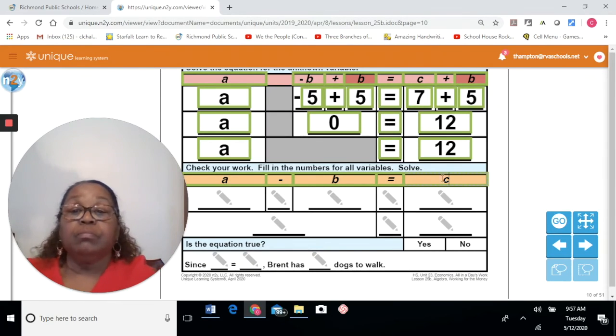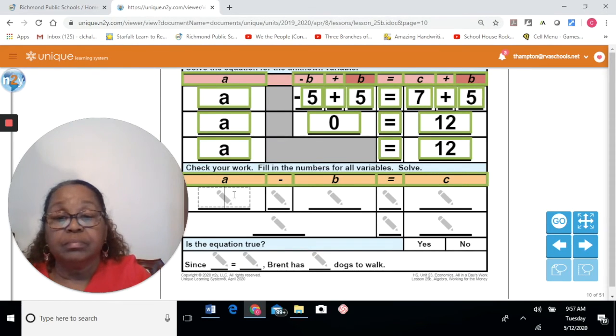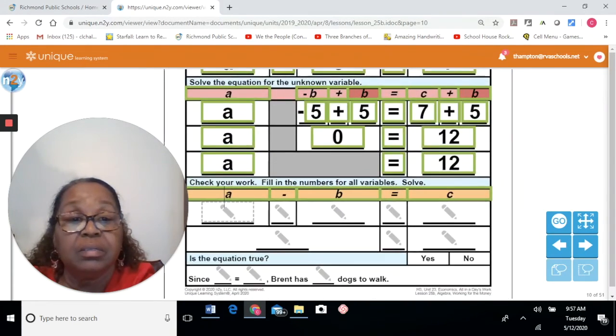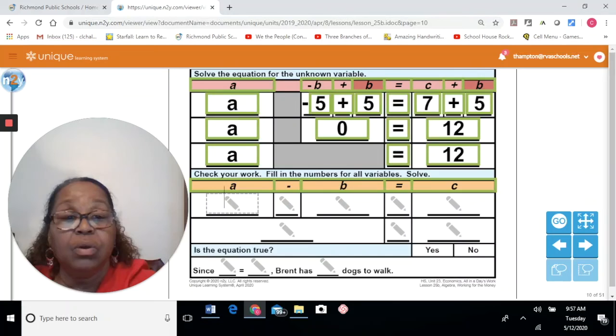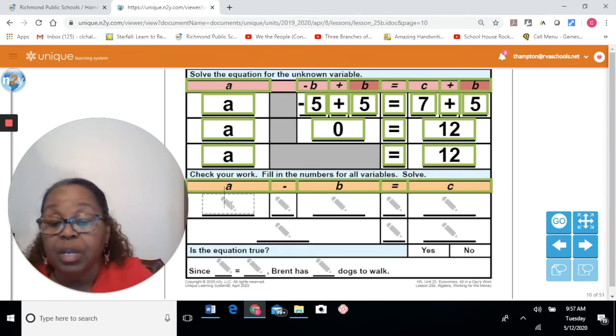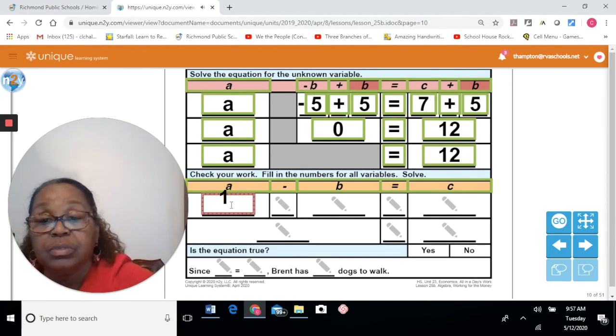So, what is A? In this problem, we found that A will equal 12. That was the variable that we couldn't find out, but we found out that it equals 12.